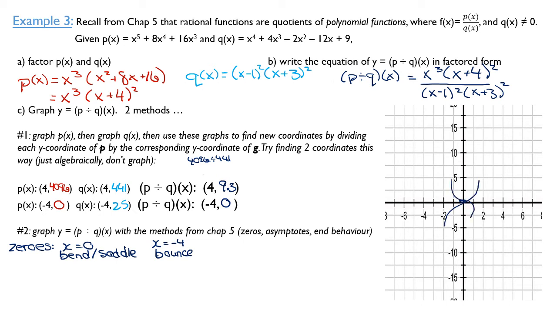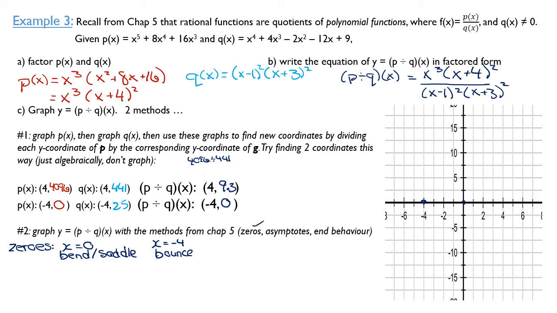I'm not sure yet. So we're going to get some more information. But I know I definitely got 0, 0 as a coordinate. And I've got -4, 0 as an intercept. Okay. What else have we got?